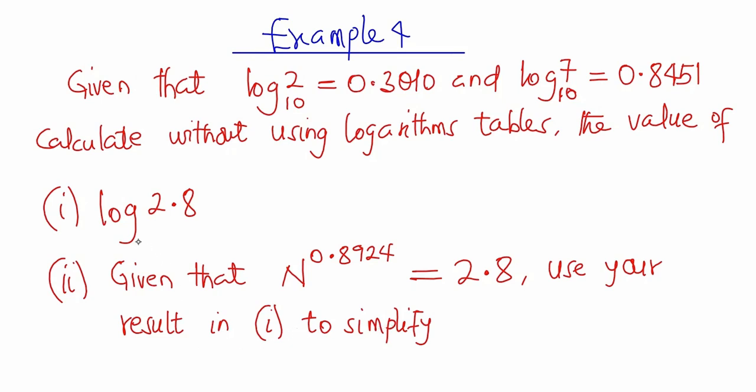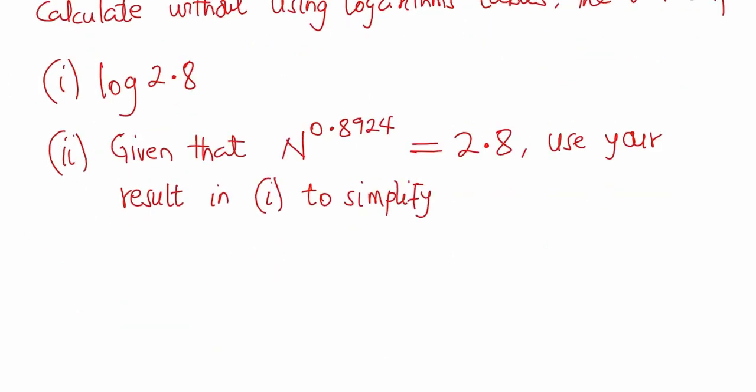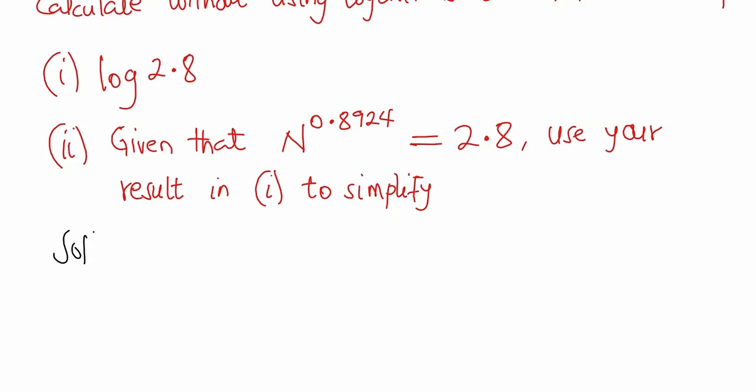So the first thing is that we have to simplify log 2.8, and then we have to apply log 2 base 10 and log 7 base 10 in our solution. Now the first one is what we are going to deal with, and that says that we should deal with log 2.8. Now this log 2.8 implies that the base here is 10.